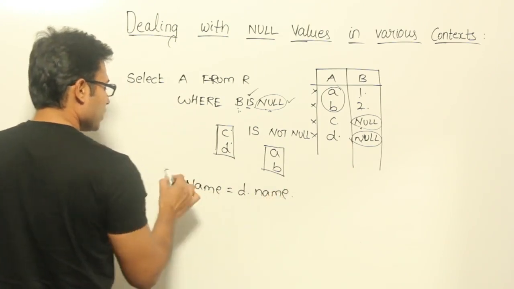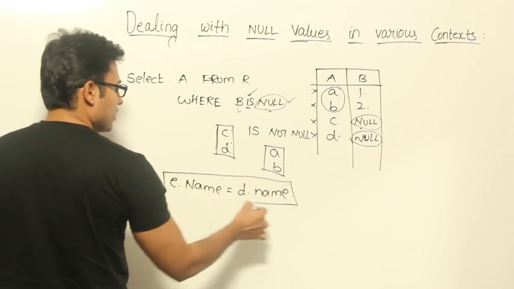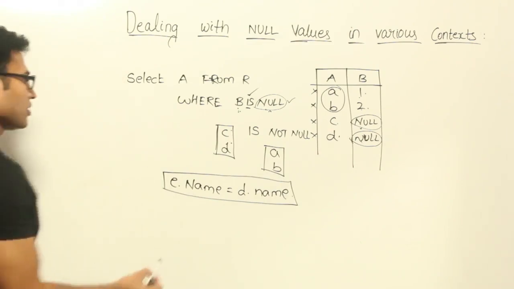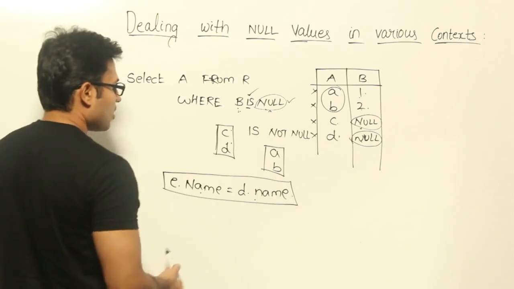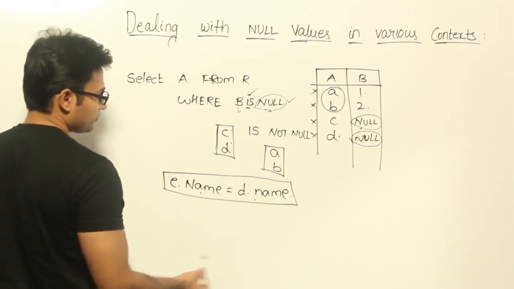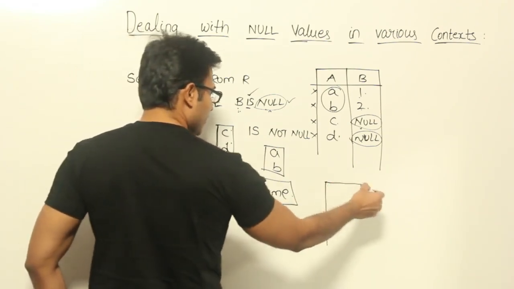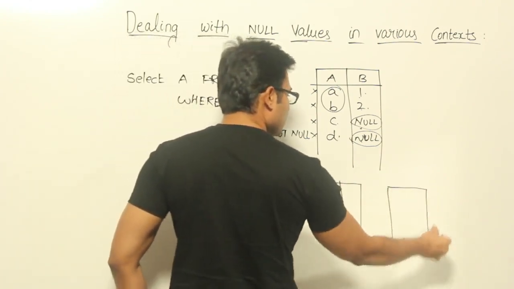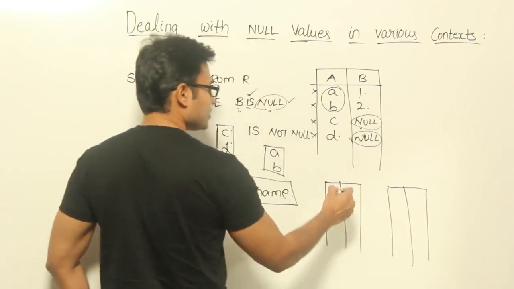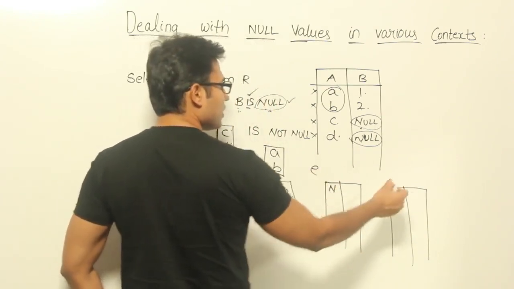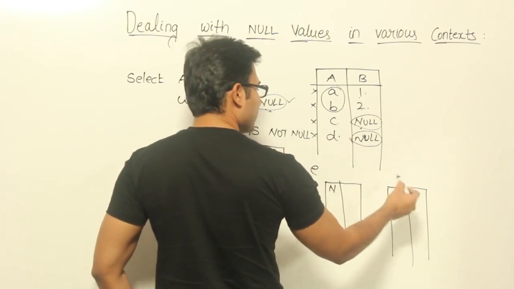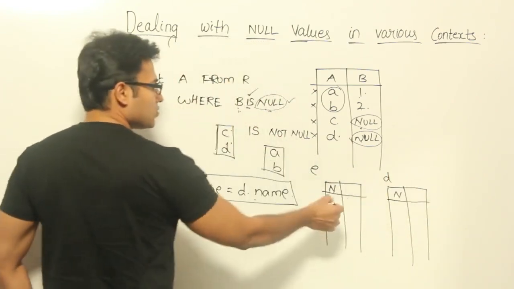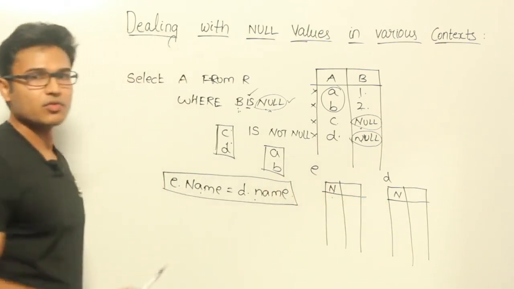Let us assume that there are two tables and you are going to compare these two tables based on the attribute name. This is the name in the E table and this is the name in the D table. Whenever these two values are equal, you want to see it as output.